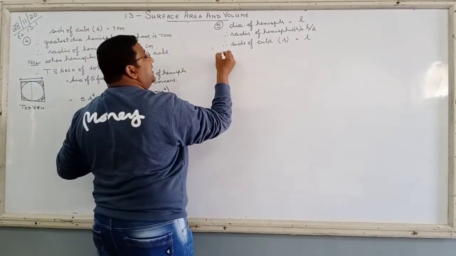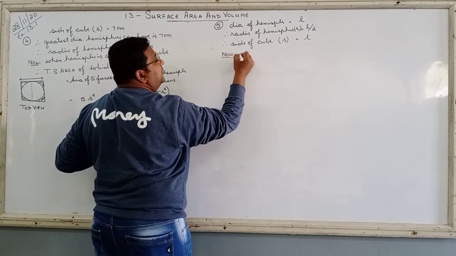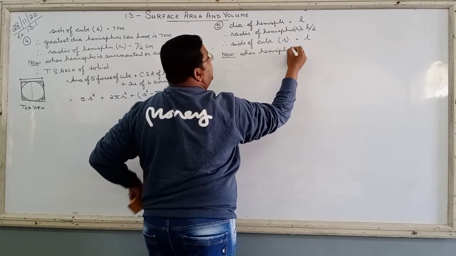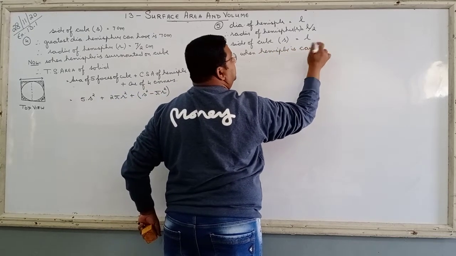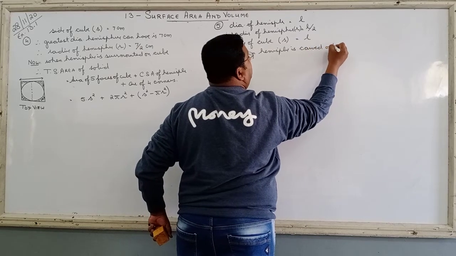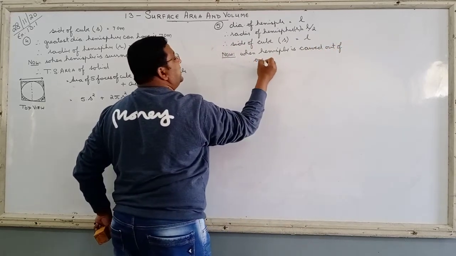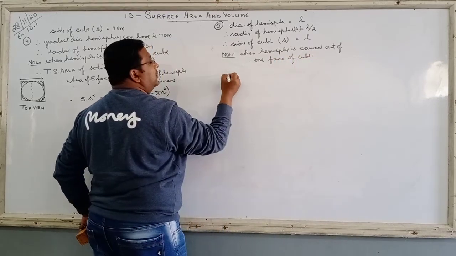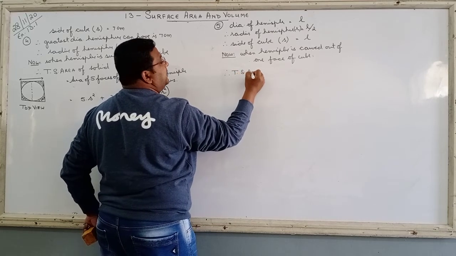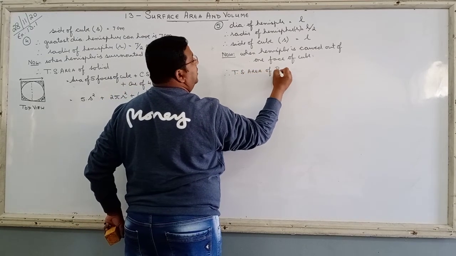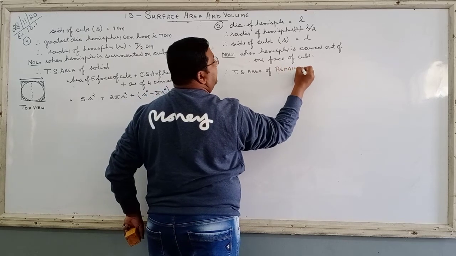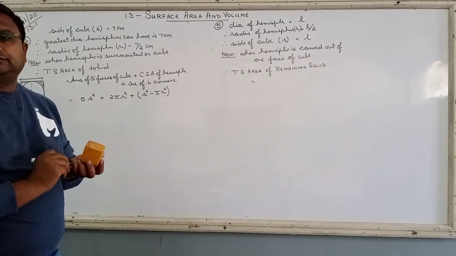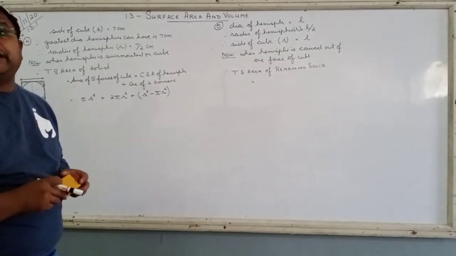Right? Now when a hemisphere is carved out of one face of the cube, so therefore the total surface area of the remaining solid is equal to total surface area of the remaining solid.